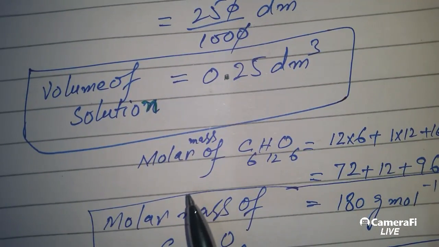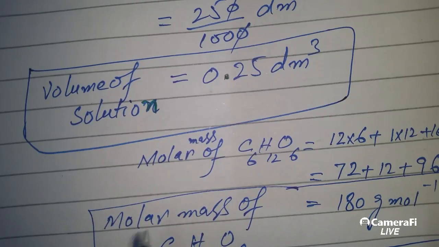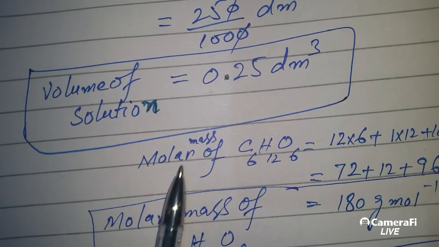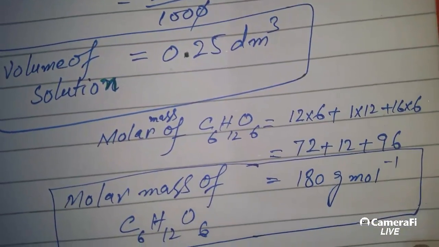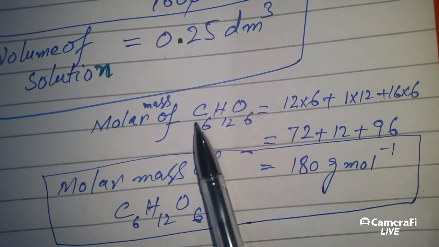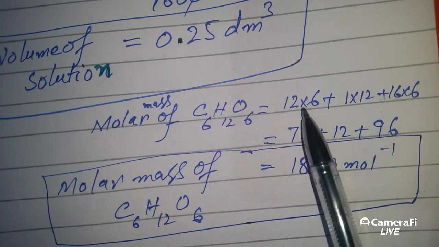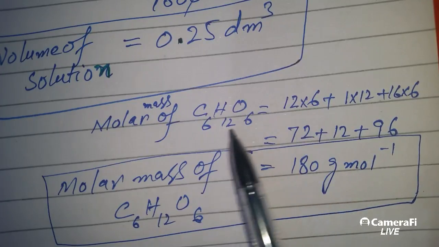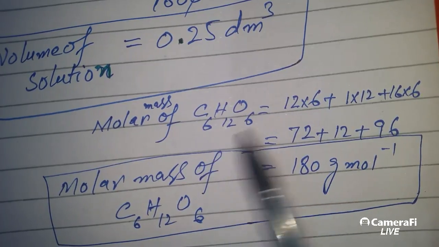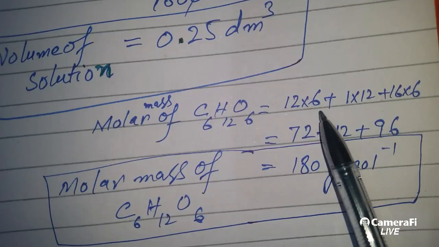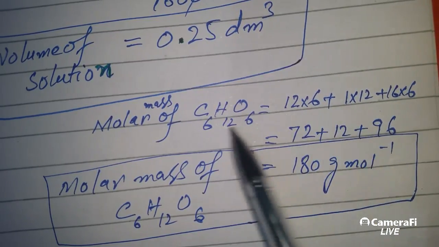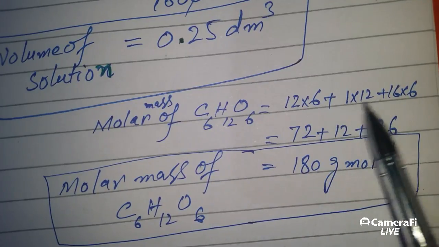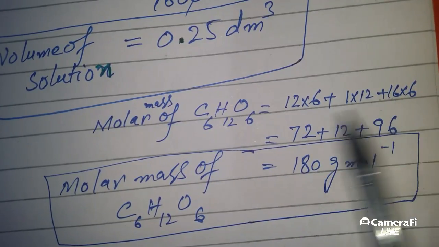For that we must know the number of moles, and to find the number of moles we must have molar mass of glucose. So the molar mass of glucose is: the atomic mass of carbon is 12 and we have 6 atoms in the formula of glucose, so we will multiply 12 by 6, plus the atomic mass of hydrogen is 1 and we have 12 atoms of it, so we will multiply 1 by 12.